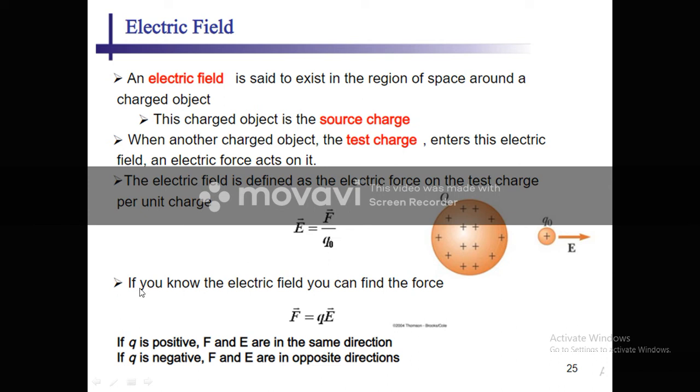Okay, so if you want to know the electric field, you can find the force is equal to, by cross multiplication, q into E. Conventionally, if q is positive, F and E are in the same direction, and if q is negative, F and E are in opposite directions.